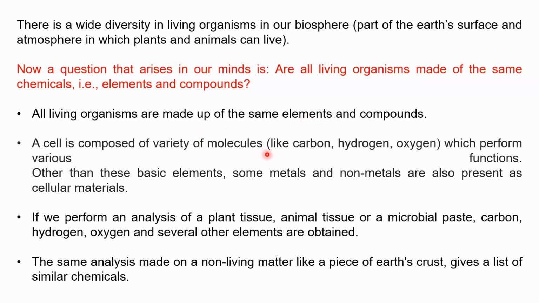A cell is composed of a variety of molecules, for example, carbon, hydrogen, and oxygen, which perform various functions. For example, glucose is C6H12O6, so it is made up of carbon, hydrogen, and oxygen. The combinations of these carbon, hydrogen, and oxygen atoms lead to the generation of different chemical compounds.